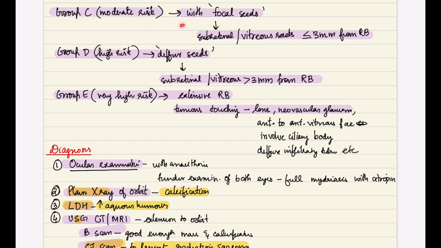This includes retinoblastoma with focal seeds characterized by subretinal or vitreous seeds which are less than or equal to 3 mm from the retinoblastoma. Then comes group D, which is high risk. This includes retinoblastoma with diffuse seeds characterized by subretinal and/or vitreous seeds which are greater than 3 mm from the retinoblastoma.